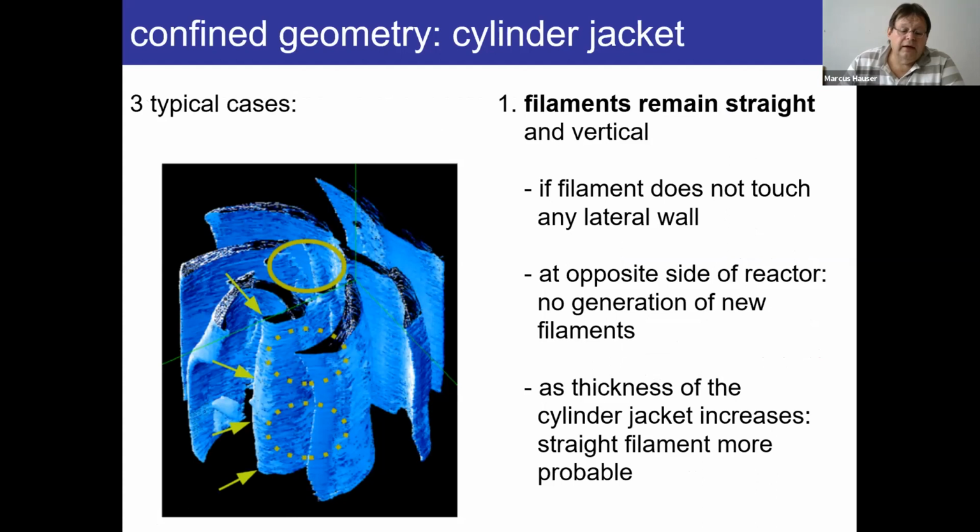And what we see is that we have three typical cases in our experiment, which we have to consider. The first one, which is the boring one, so to say, is that the filament remains straight.